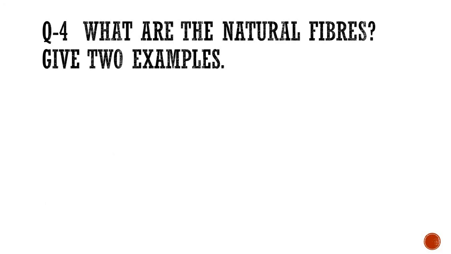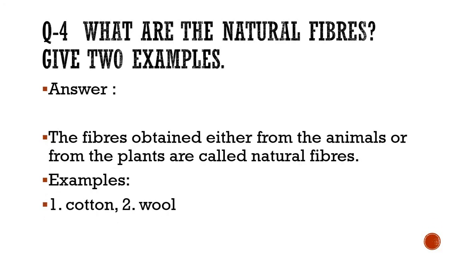Now moving on to question number 4. Question is, what are the natural fibers? Give 2 examples. See, along with the question I am displaying the answer so that you can start writing it, and at the same time when I am explaining, you will be able to listen to it and understand it. So what are the natural fibers, and give 2 examples.